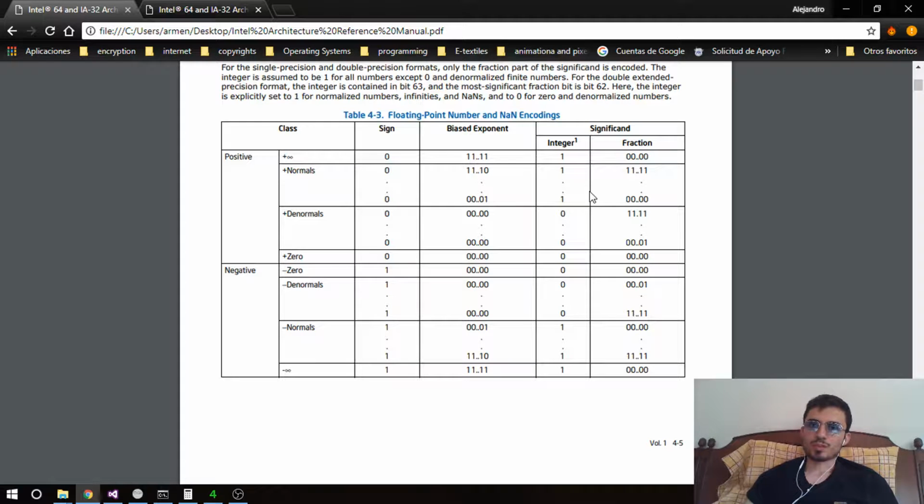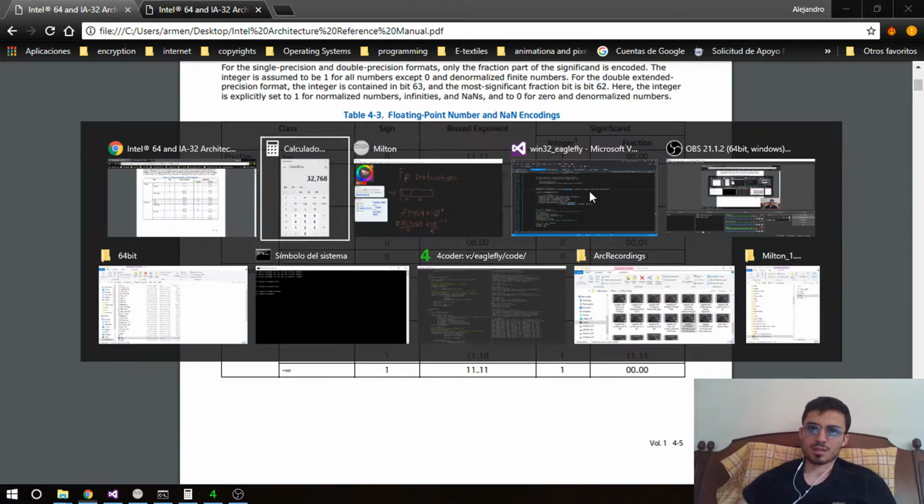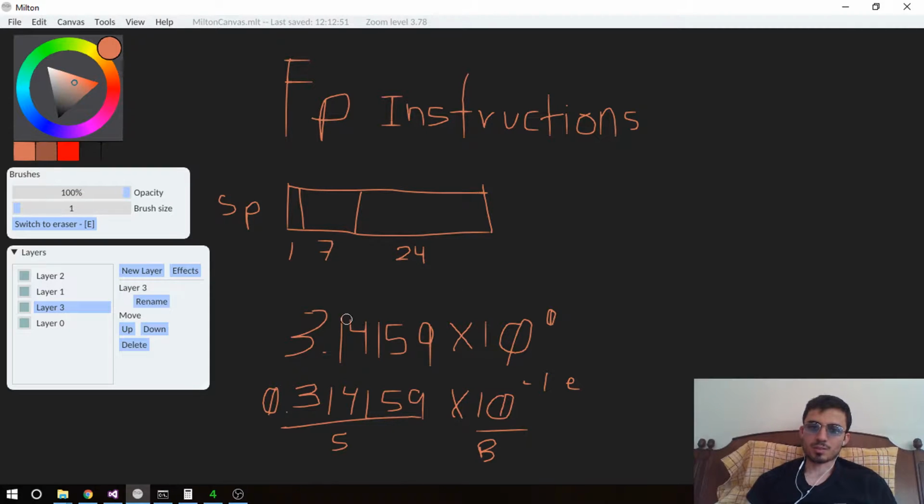So that means that if we set here, for example, something like this, imagine that we have all zeros on the significand times 2 to the 1.